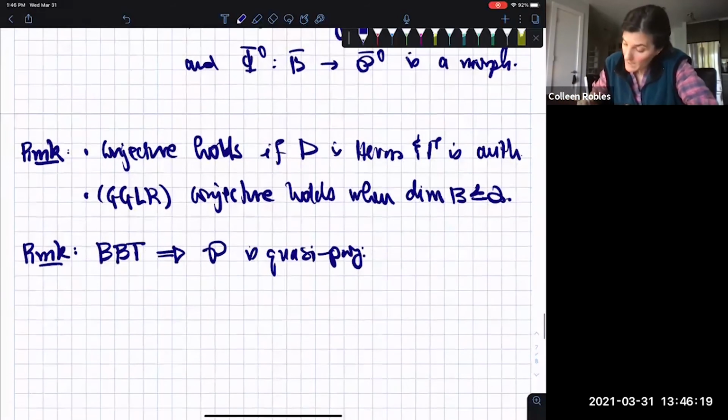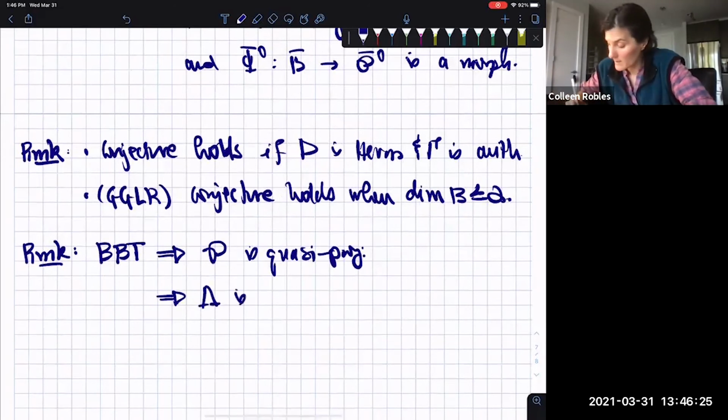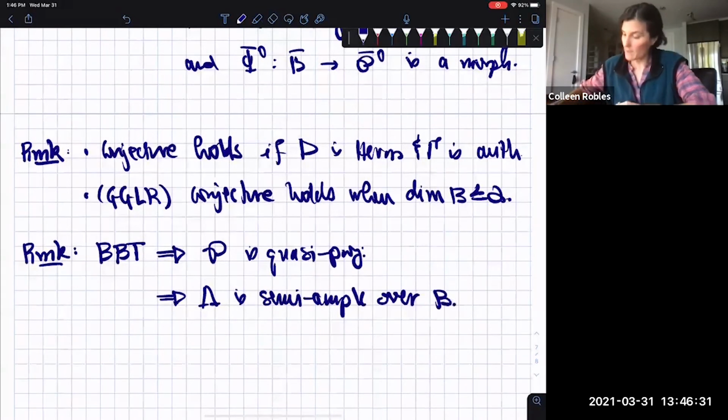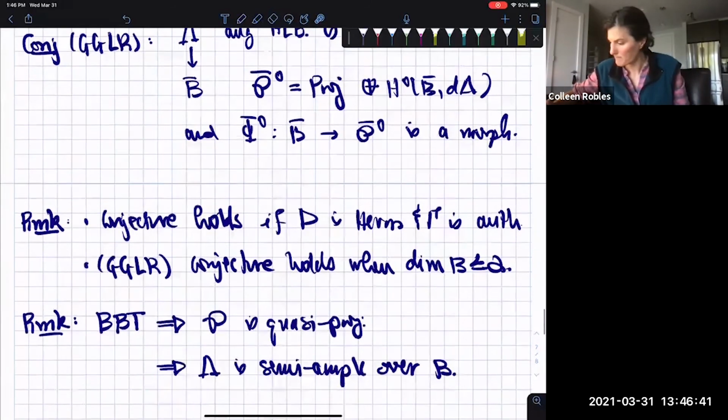And one implication of their argument is that the augmented Hodge line bundle is semi-ample over B. Okay, and so this is close to what we want, right? But we need semi-ample over all of B bar, over the compactification.